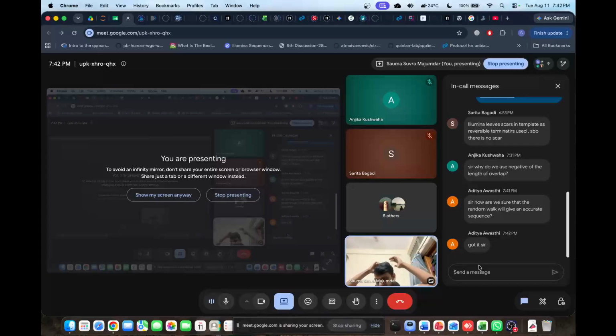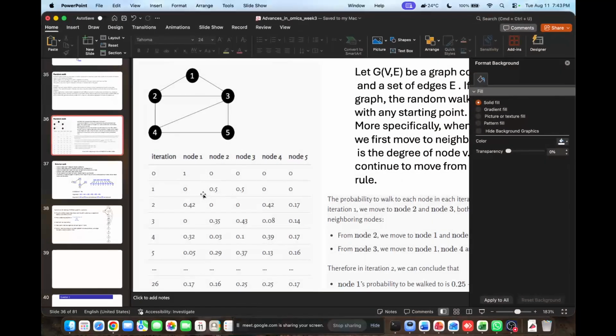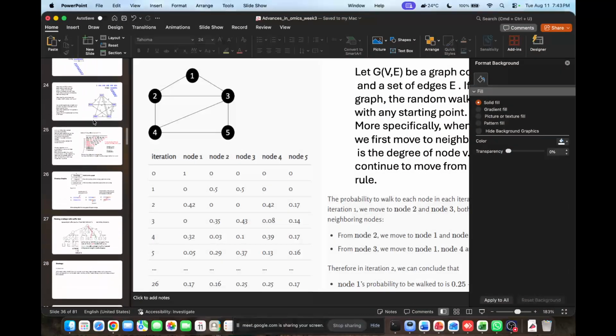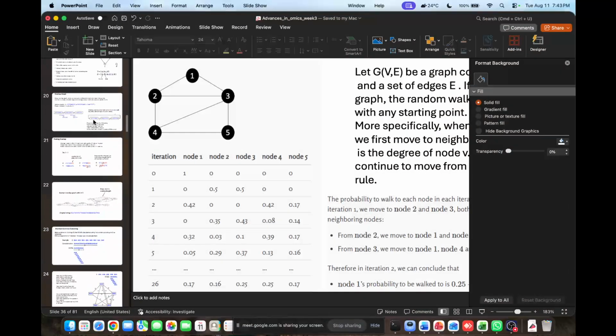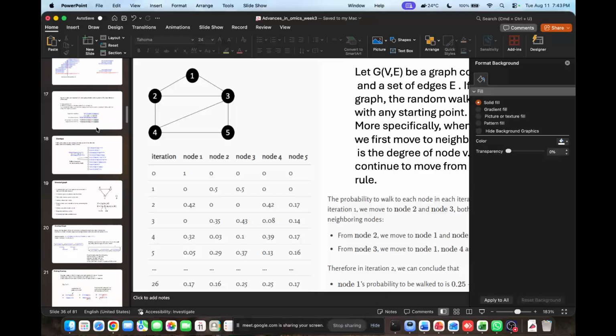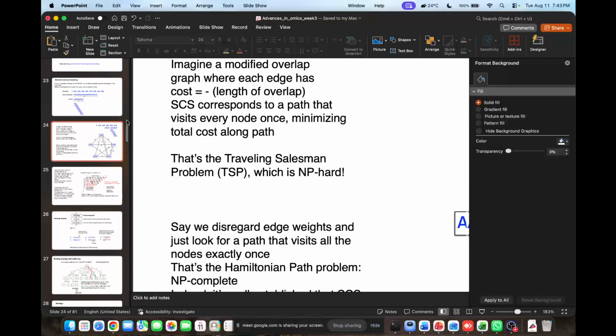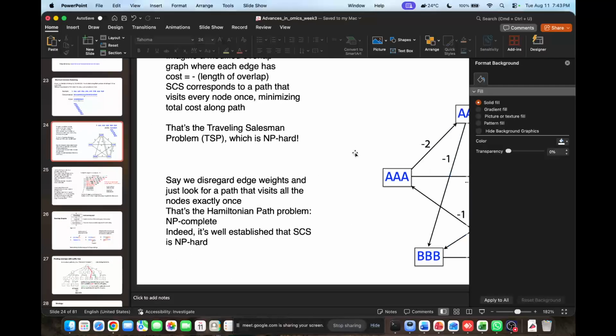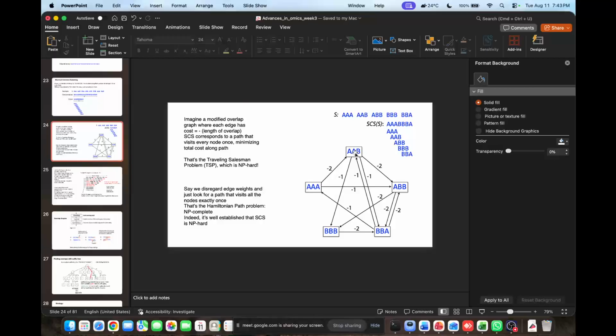If you want to learn more, just look up De Bruijn graphs, look up Eulerian walks. The first thing that you should know about is basically the traveling salesman problem, which I just skipped very conveniently, but that is the basis of all of this. The traveling salesman problem is that you can only visit one node a single time.